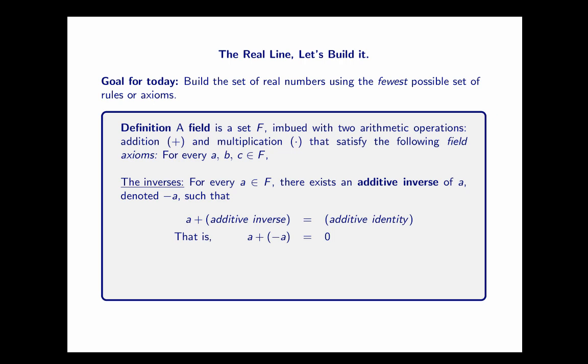In other words, for every number, I can flip the sign. Flipping the sign on a number gives me the additive inverse, because when I add a number plus the flipped sign of itself, I get the additive identity. That is 0. And of course, we should note that this defines subtraction for us. Right? A minus B is essentially A plus the additive inverse of B.